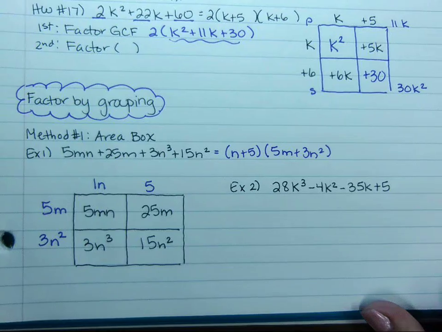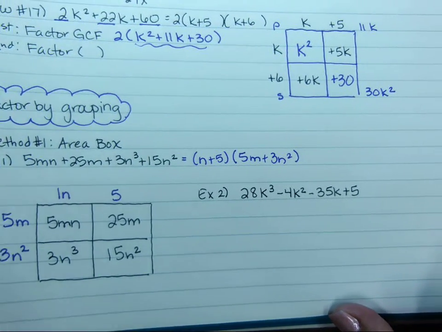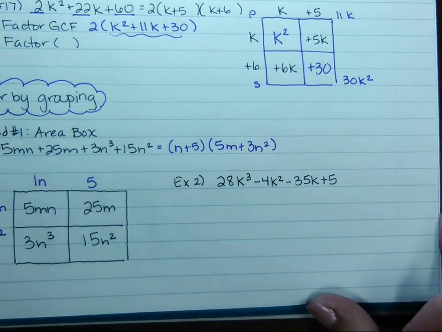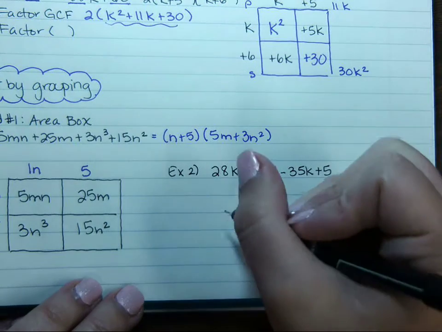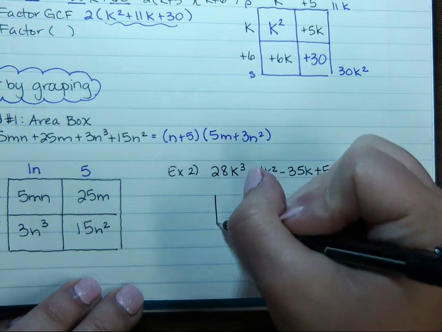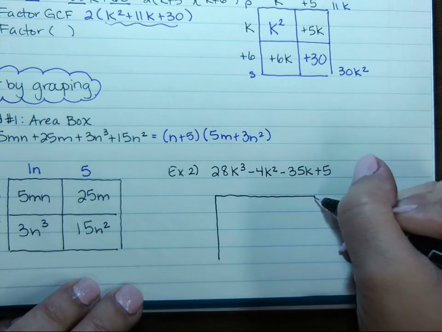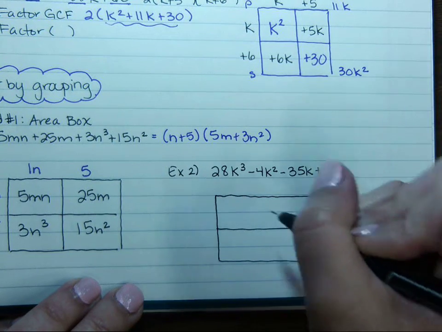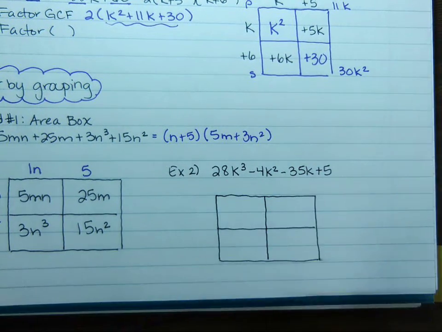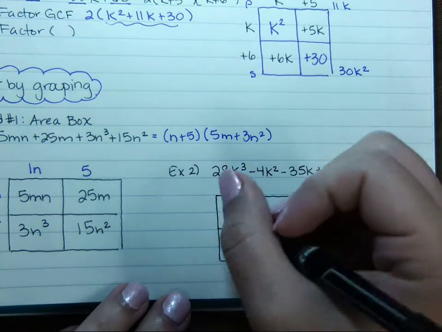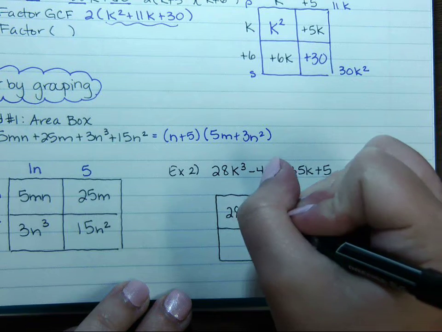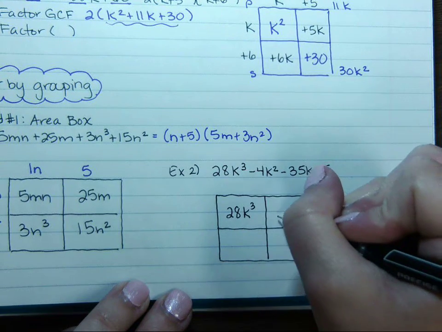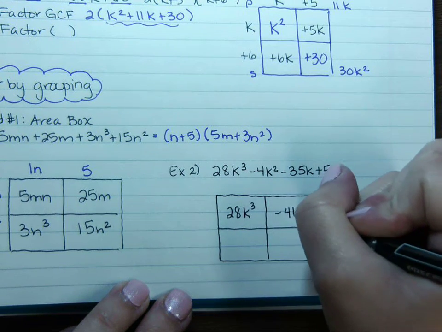Oops, and you can't see that. Sorry about that. So again, I'm going to make my area box. And you want to make sure that you are completely finishing your area boxes, completely making sure that all of your binomials are on the outside, because this is how you are demonstrating that you can get to that answer.